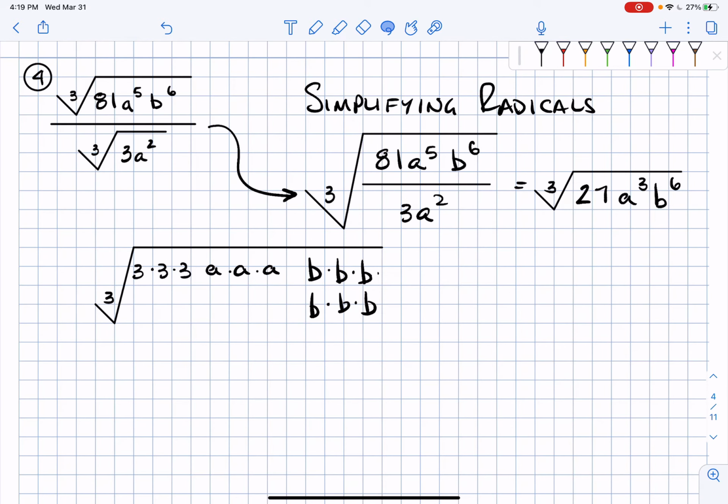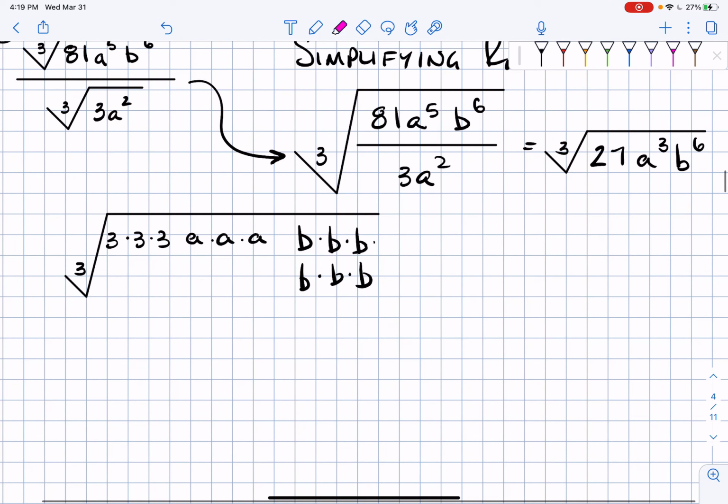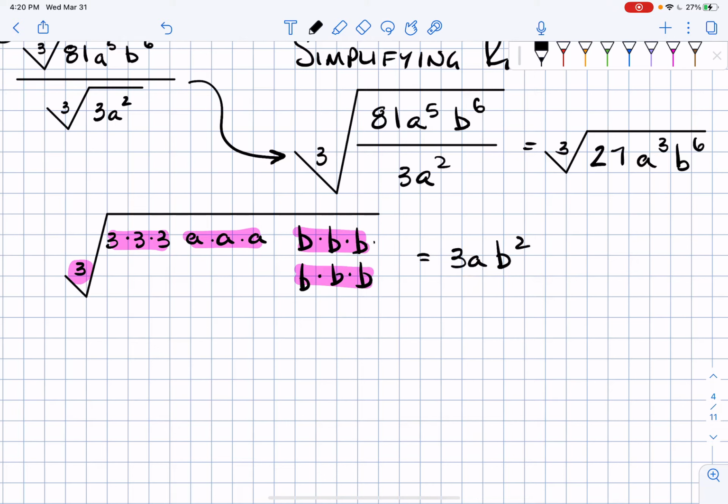And again, since my index is a 3, that means I'm looking for 3 of a kind. There is a group of 3, group of 3, group of 3, group of 3. So that's going to come out to be 3ab squared. And that, ladies and gentlemen, is choice D.